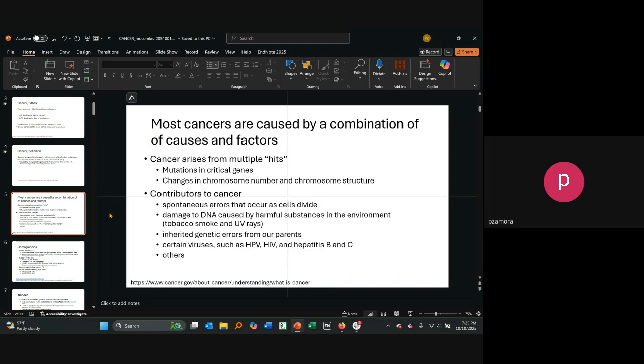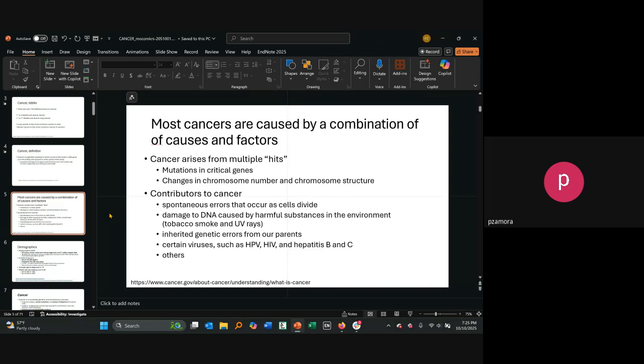Those include spontaneous errors that occur as cells divide. This also includes spontaneous mutation, and damage to DNA that is caused by harmful substances in the environment. Tobacco smoke is one of those key substances that everybody knows about.